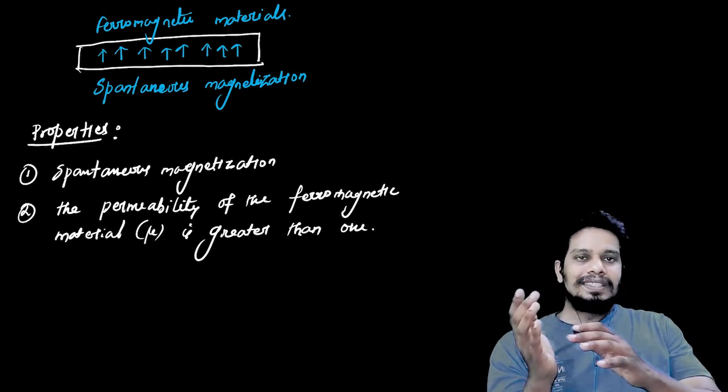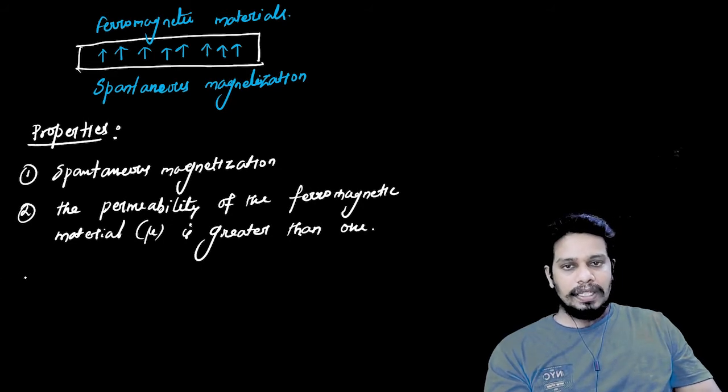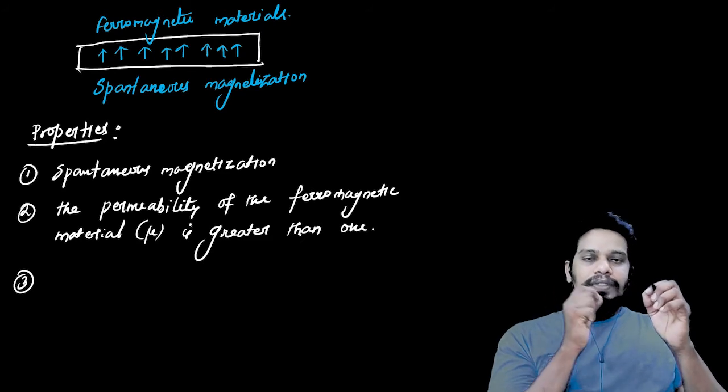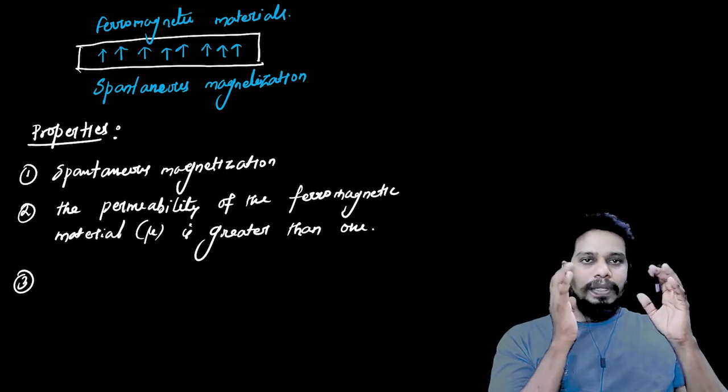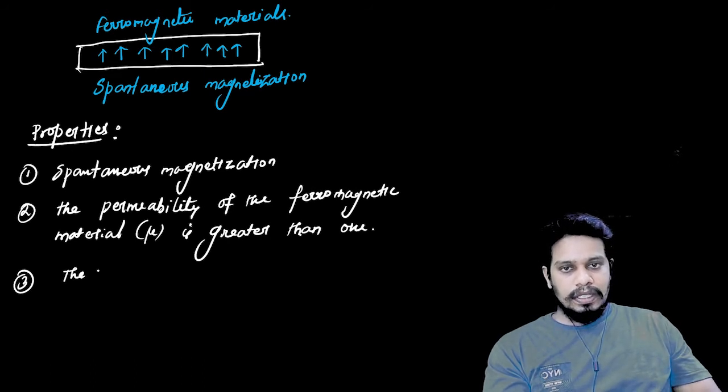Less than 1 means it's dia, equal to 1 means para, greater than 1 means it's a ferromagnetic material. Then the susceptibility of the ferromagnetic material will be a huge value and positive. The chi. This is called the susceptibility.